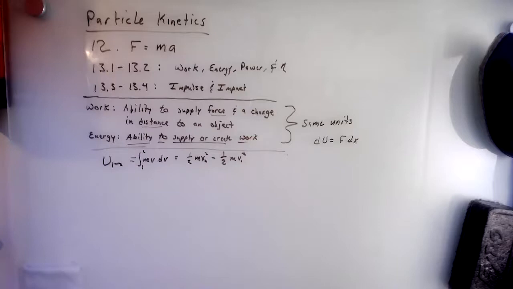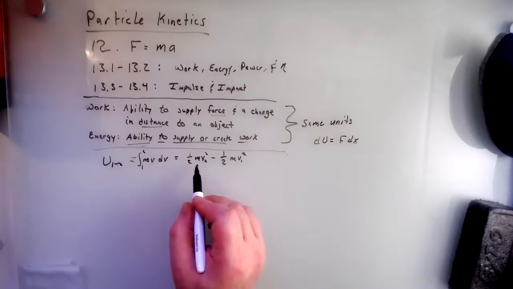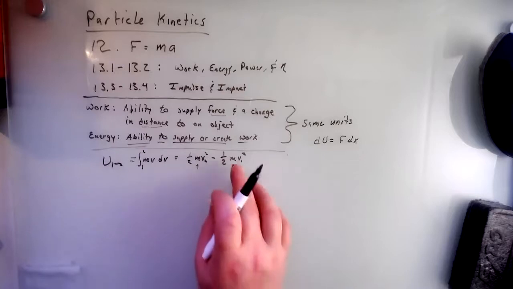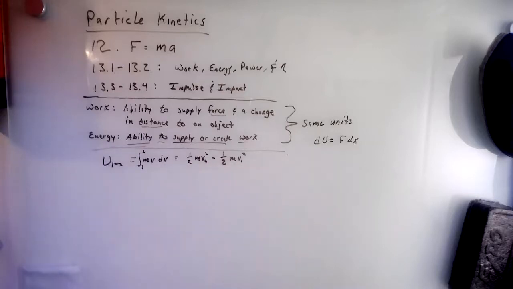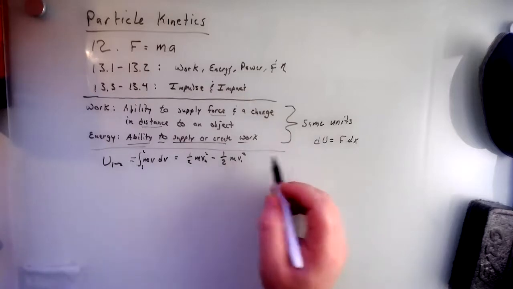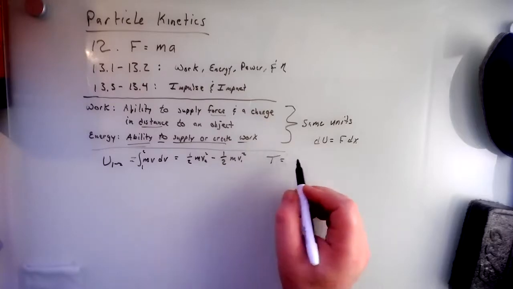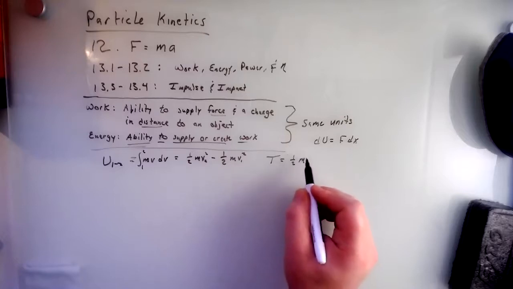And the meaningful distinction here is that this is kinetic energy at one place. This is kinetic energy at a different place. They are both kinetic energy. So this gives rise to this idea, for some reason, and I have no idea why, in thermo, they introduce a variable T, which is 1/2 mv squared.